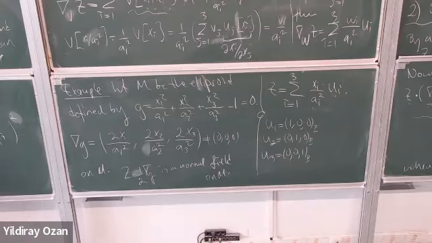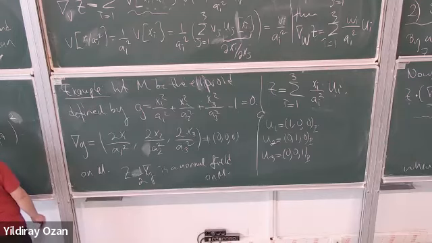Then x1 squared... No, it should be R. R squared x1 squared, R squared x2 squared, R squared x3 squared equals 1 is the sphere of radius R.